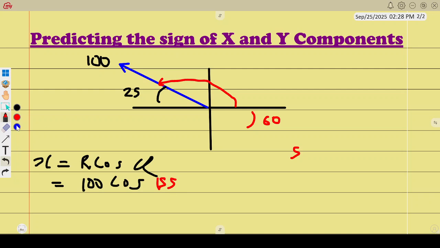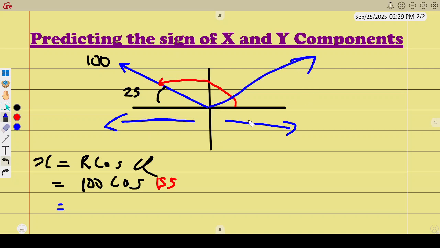Remember, under vectors, all angles should be read from the positive x-axis. This vector is going to the left. We only have the right and the left. So if an angle is going to the left, the x component will always be negative. If you find a positive, then check your calculations. For all angles going to the right, answers will be positive.